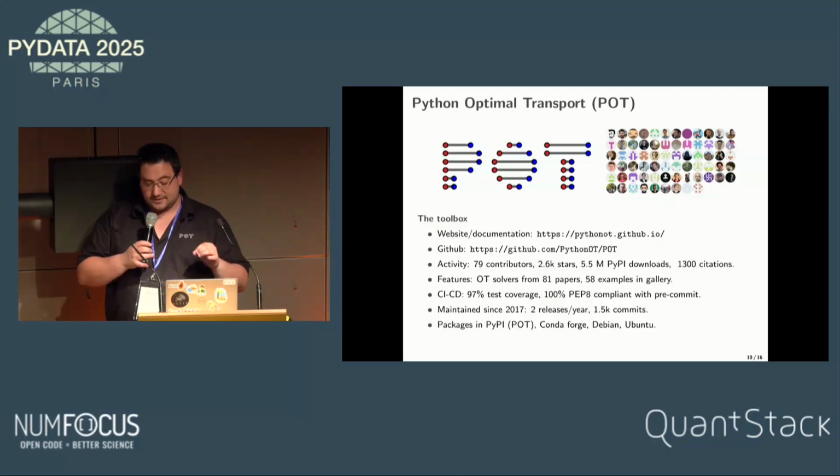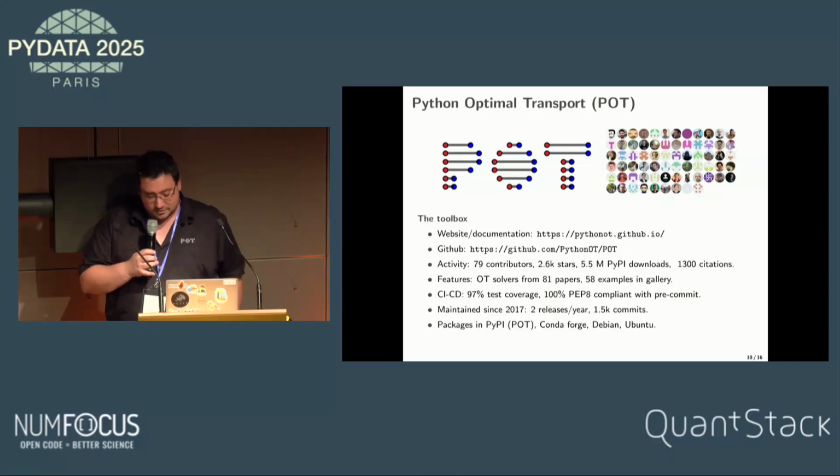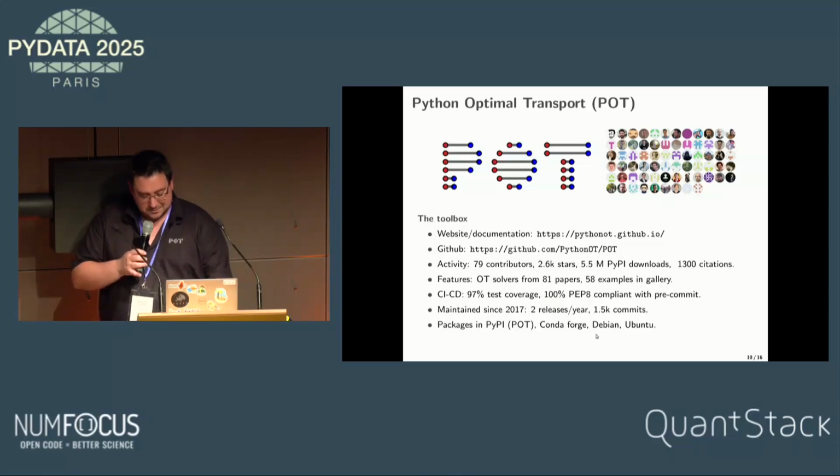PyPI downloads are always weird metrics, but for instance, we've been cited in more than 1,000 scientific papers, so POT is used to do scientific research, and we're very proud of that. We also released on PyPI and conda-forge, and we also have a compiled version of POT in Debian and Ubuntu, which I did not do, so I'm very grateful to the one who actually did that, if I meet him one day.